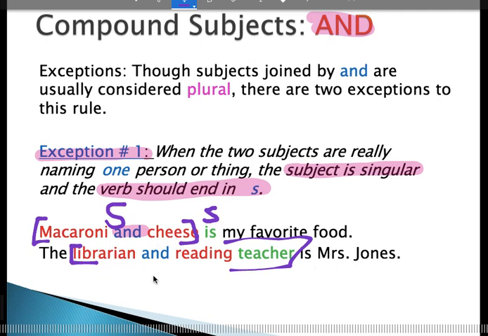Both of those roles are being filled by Mrs. Jones. This one woman is both the librarian and the reading teacher. So it's one woman just doing two jobs. So even though we have the word and, we're still only talking about one teacher. So it's singular, so we need a singular verb. So we again have is.